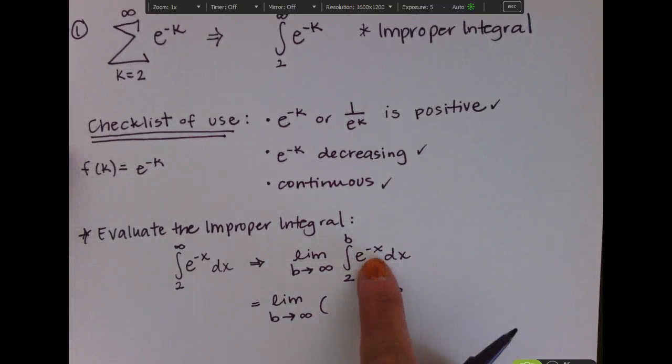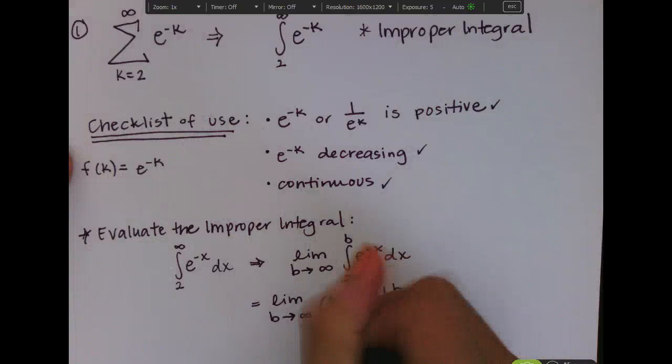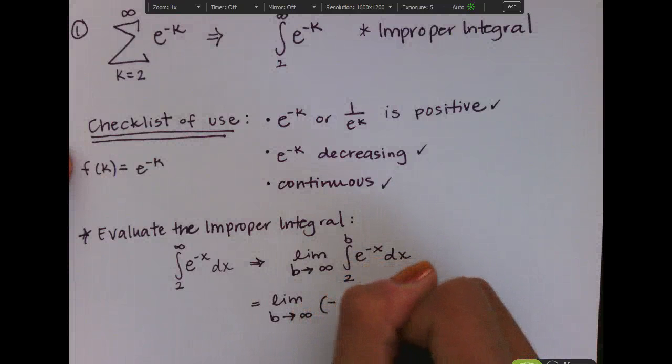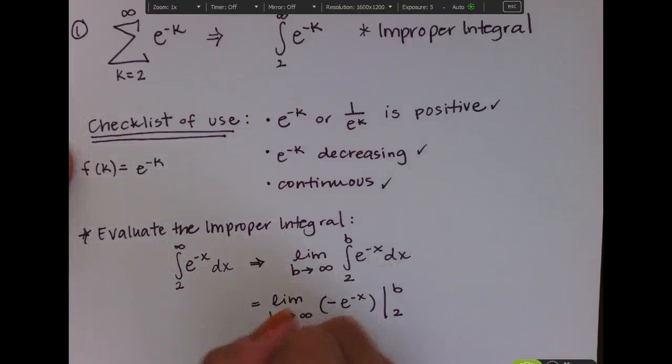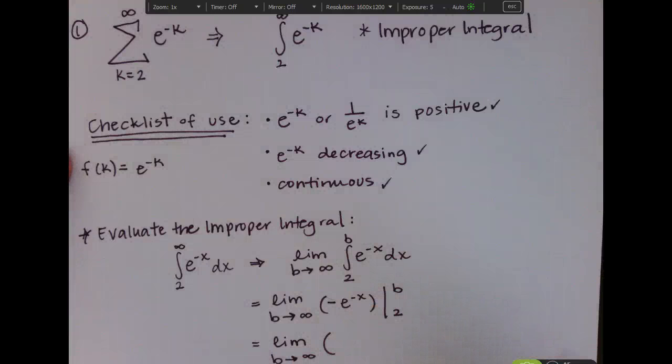So the antiderivative of e to the negative x is negative e to the negative x. Let's go ahead and plug in b and 2. So I'll have negative e to the negative b minus a negative e to the negative 2, so it becomes plus e to the negative 2.